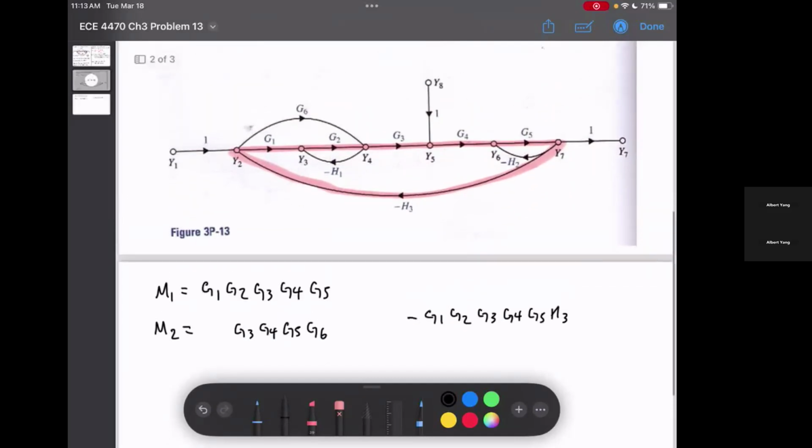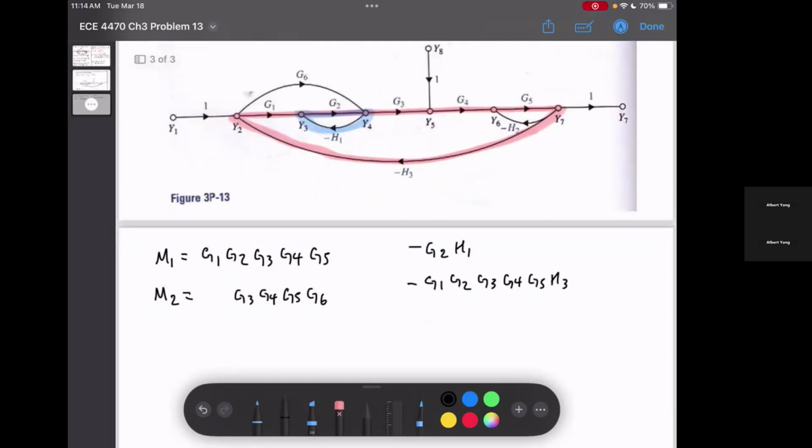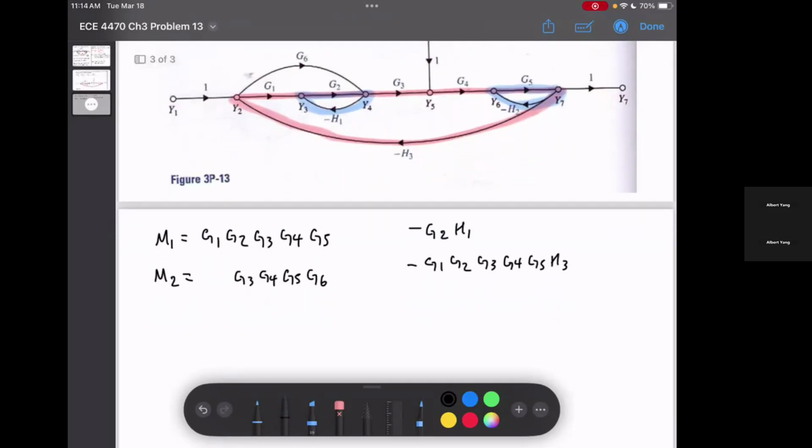And then we also have 2 small ones, like this one. That would just be G2 times negative H1. And then we have another one here. That would be G5 times H2, and H2 is negative, so we've added a negative sign in front.